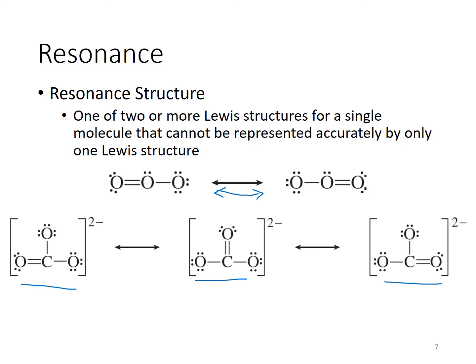And that means that it's really a hybrid between these three different resonance structures. So since we have to localize where those electrons are, each one of these resonance structures has some issues associated with it. It doesn't perfectly represent carbonate as it exists, but we can consider all three of them together as being a pretty good proxy for what carbonate is.